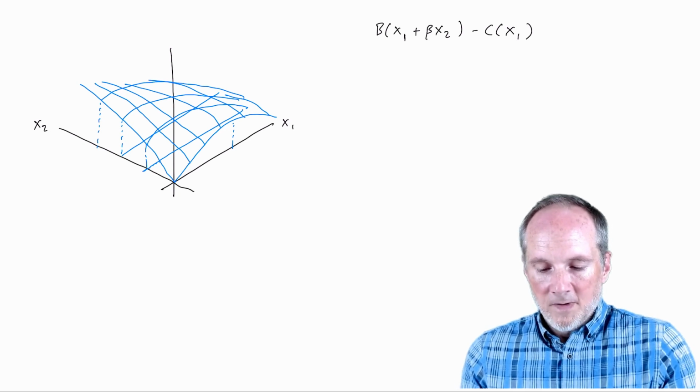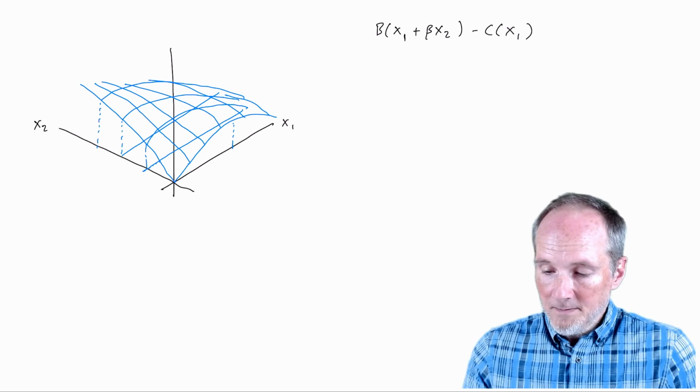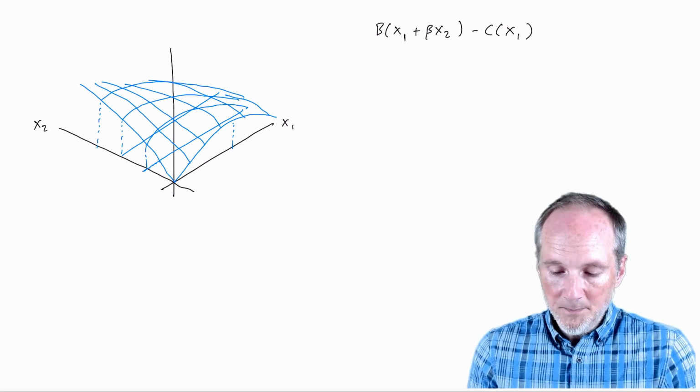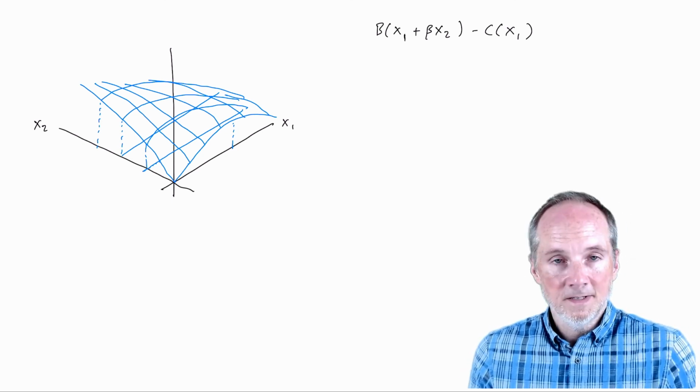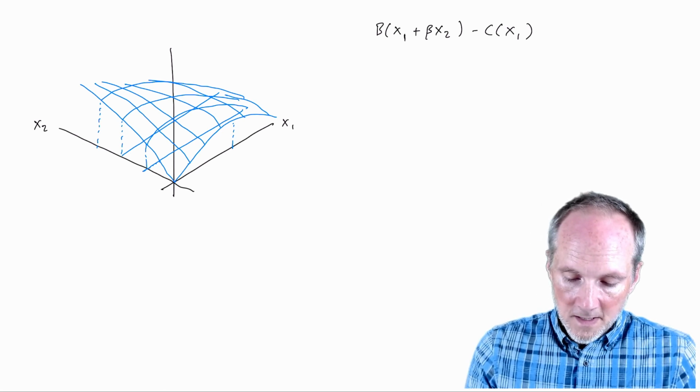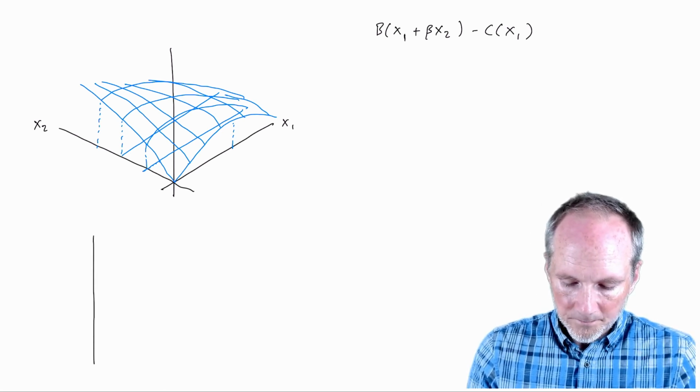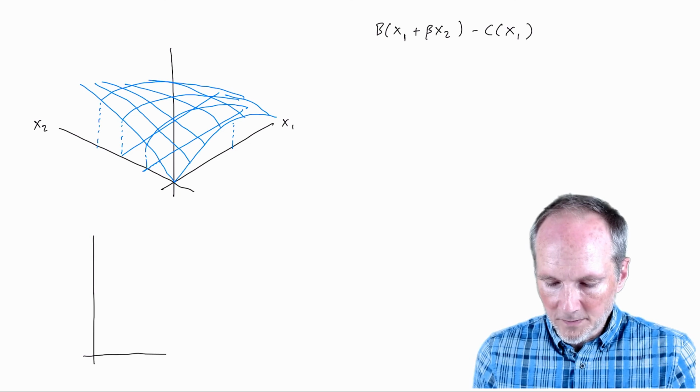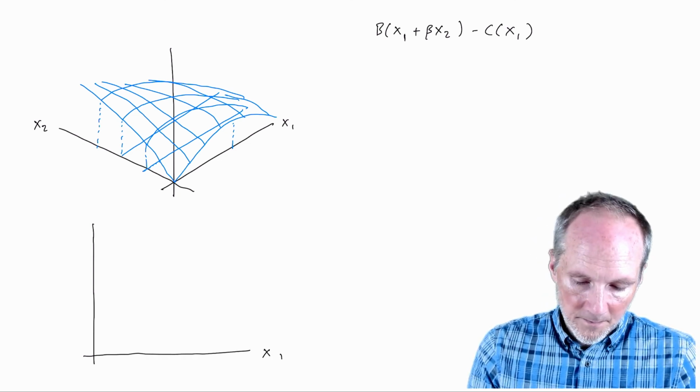Now, we've talked about how these 3D graphs are not the easiest to look at, and it's better to look at what we call indifference curves in the two-dimensional model. So what would an indifference curve look like here for person 1?